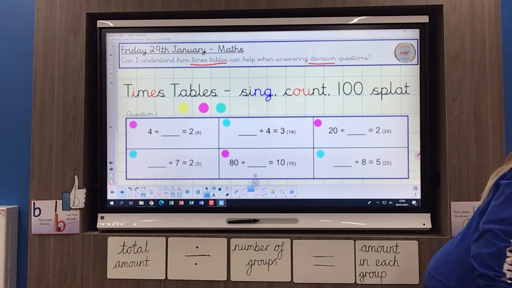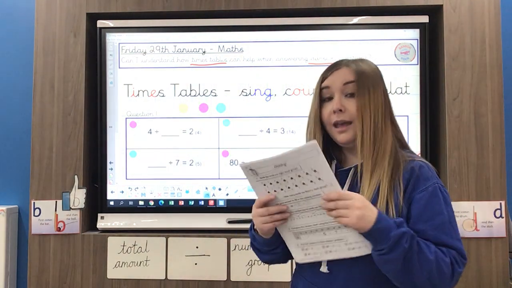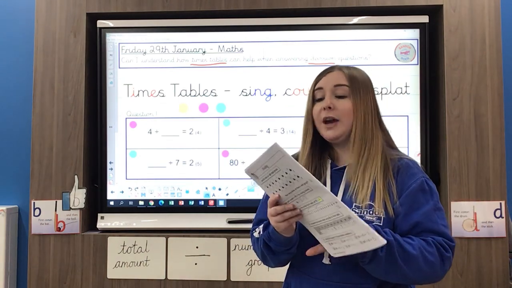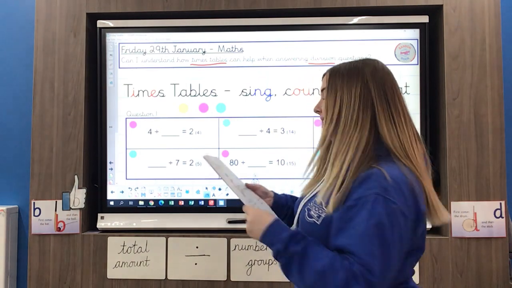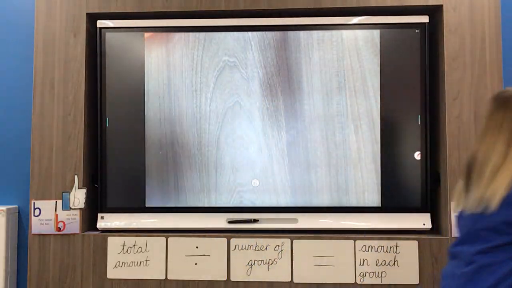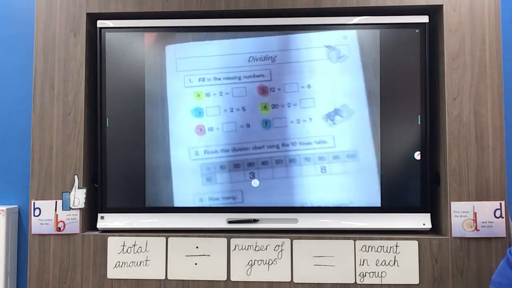Okay, so for today's learning you will need to turn to page number 15, and before I start today I want you to answer me questions A and questions D. Okay, so they're the ones that are highlighted in yellow.